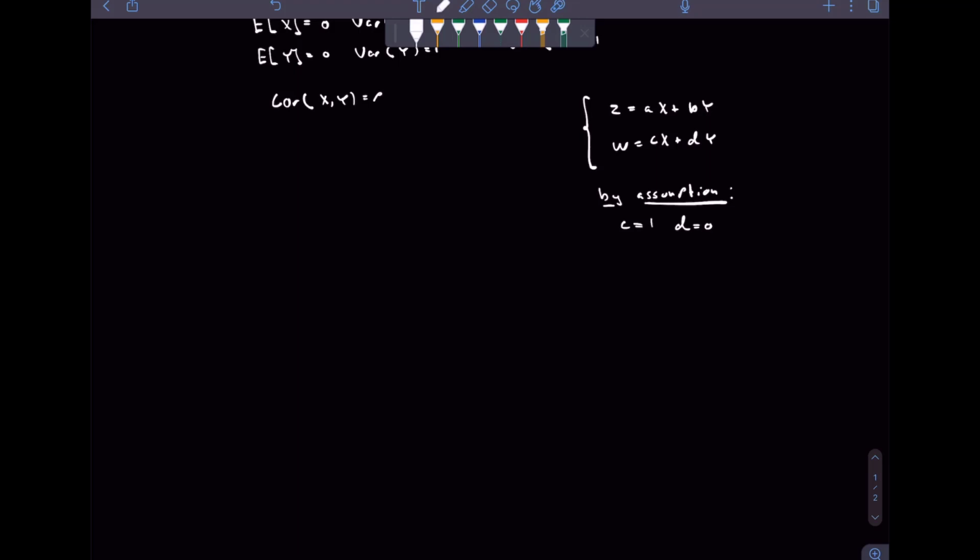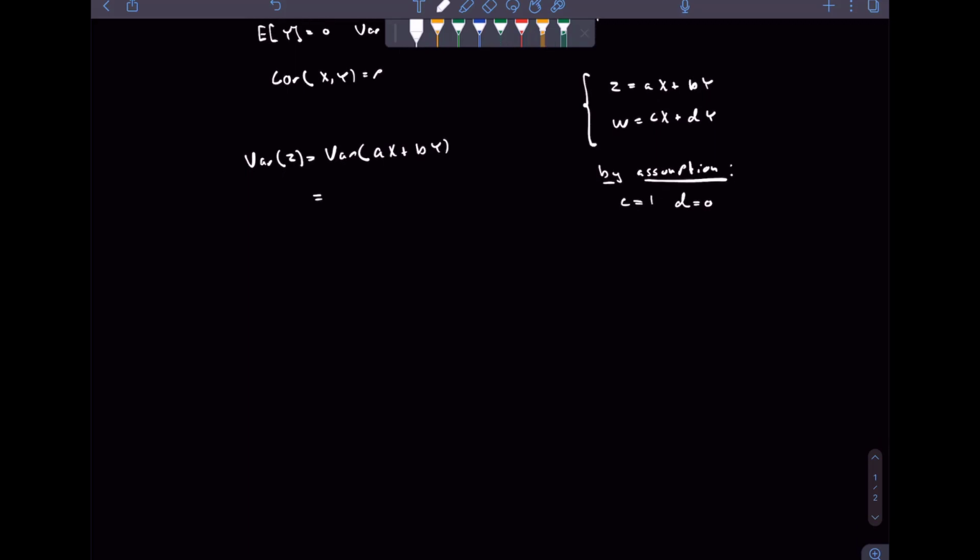So the variance of Z, we just write out what we know Z is: aX plus bY.